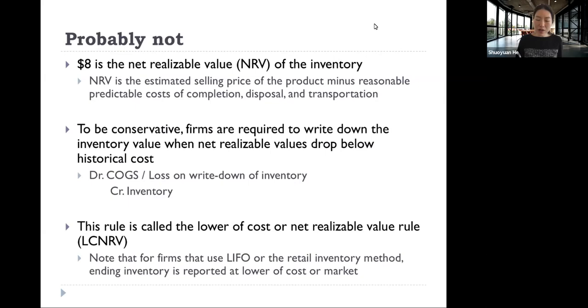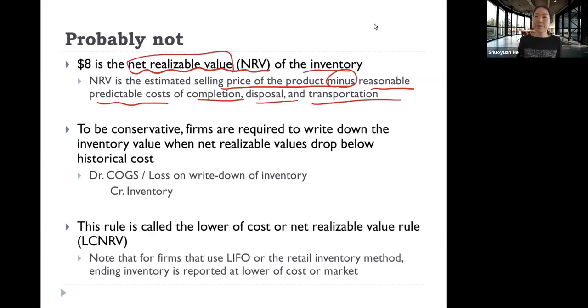And this $8 is called the net realizable value of the inventory, NRV. It is the estimated selling price of the product minus reasonable predictable costs of completion, disposal, or transportation. So it is how much I'm going to get from selling it minus everything I need to pay out of pocket to get it sold. That is the net realizable value.